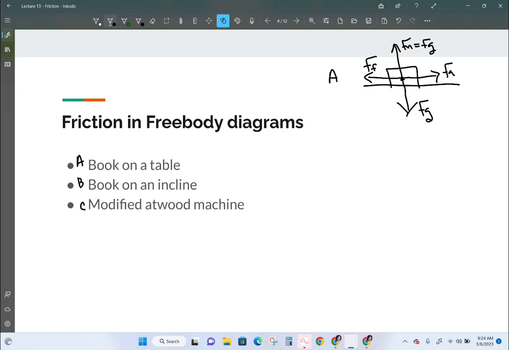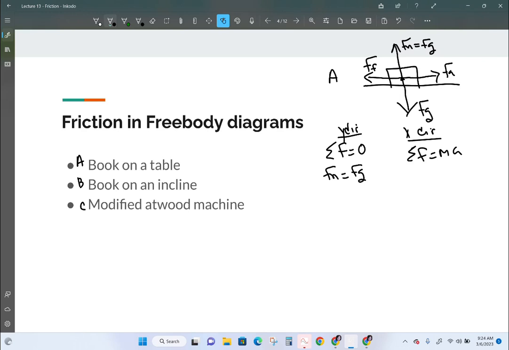So when you look in the y direction, all of the forces balance each other out. So the normal force has to be equal to the weight force. And in the x direction, all the forces do not balance each other out because it's accelerating.